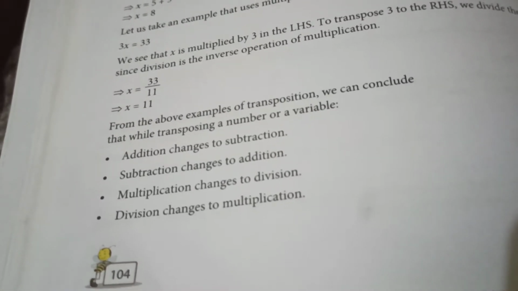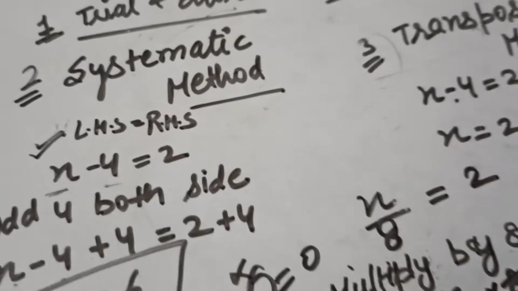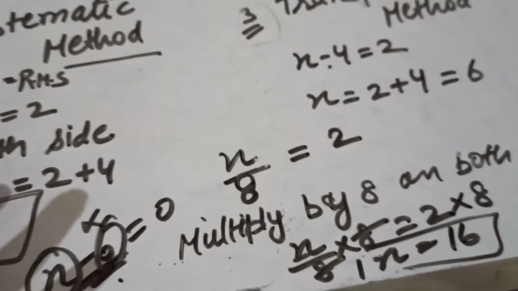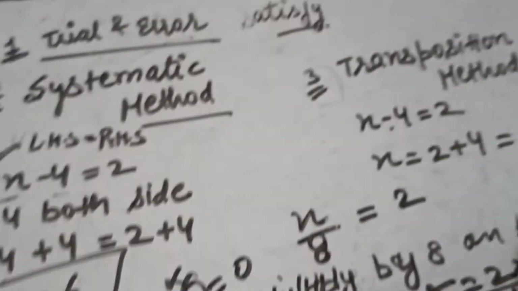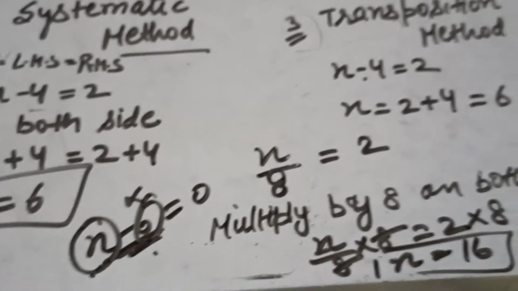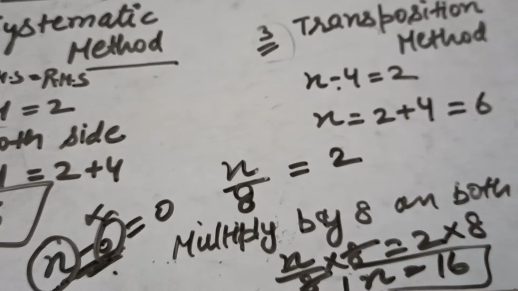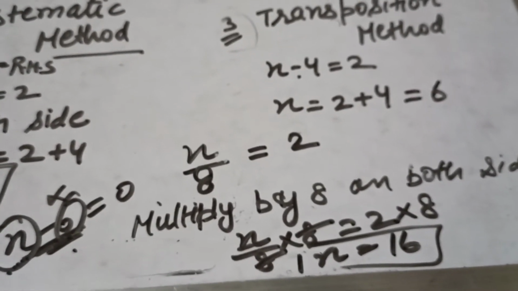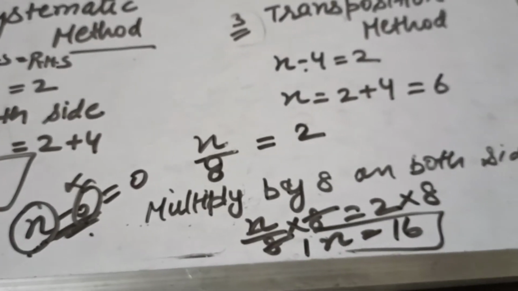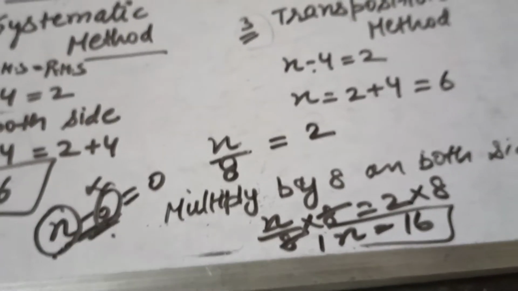Multiplication changes to division, and division changes to multiplication. So you will learn these points which I told you for every exercise. When we change the position, or you can say when we change the sides, left hand side to right hand side and right hand side to left hand side, signs also change. Positive to negative, negative to positive, multiplication with division and division with multiplication.